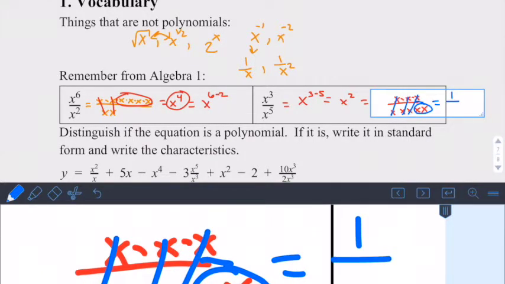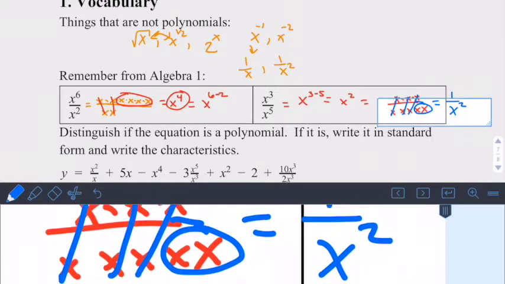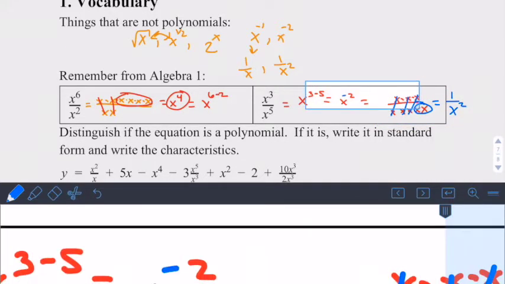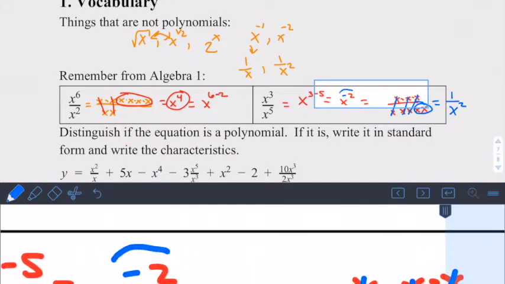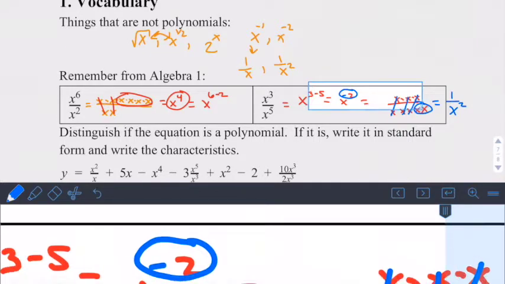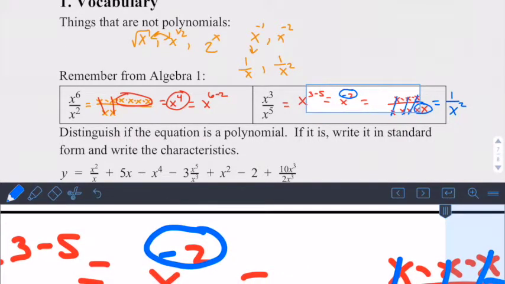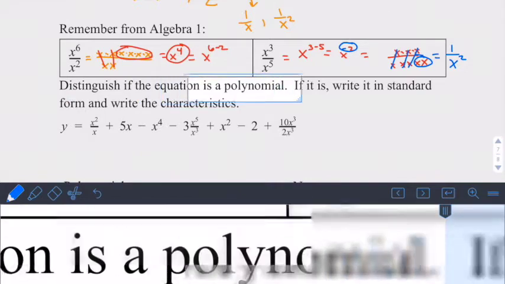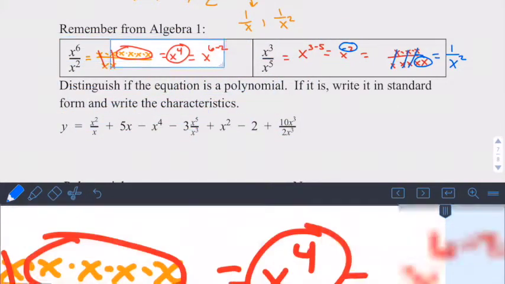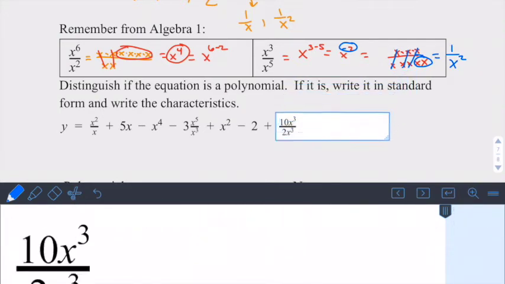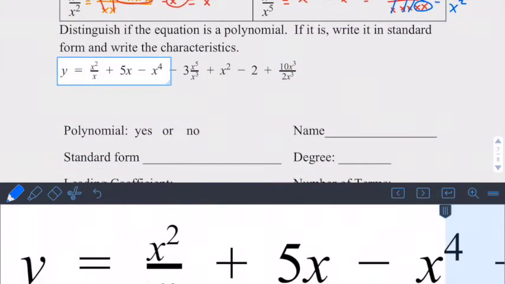This is 1 over x squared, which is x to the negative 2. Okay, same thing. That shouldn't be positive 2, that should be x to the negative 2. This would not be a polynomial. So if we want to distinguish if this is a polynomial, then we have to actually follow this quotient rule, and so we can check. So I'm going to do all that work.